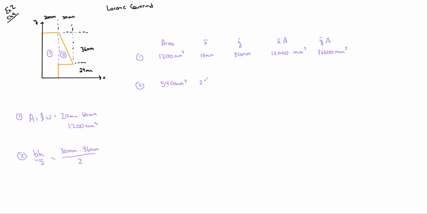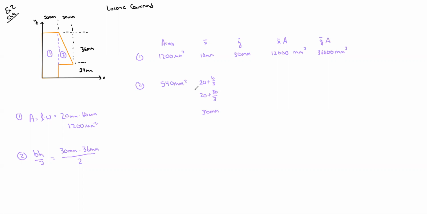It's going to be 20 plus the base over 3. That should be 30 divided by 3. 30 millimeters divided by 3 is 10. 10 plus 20 is 30 millimeters. So remember, it's in reference to the origin. To get to the base divided by 3, I have to go over 20 and then add the base over 3.